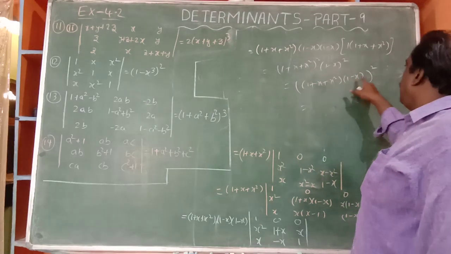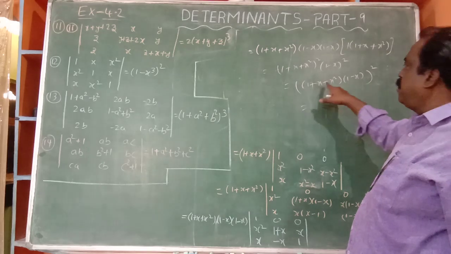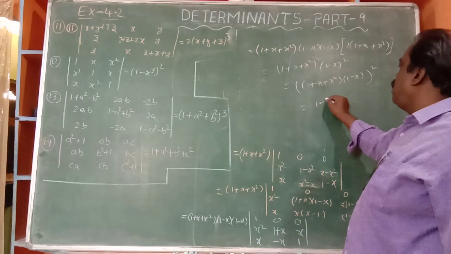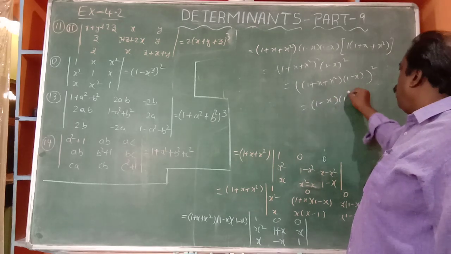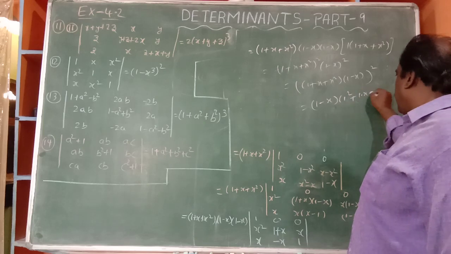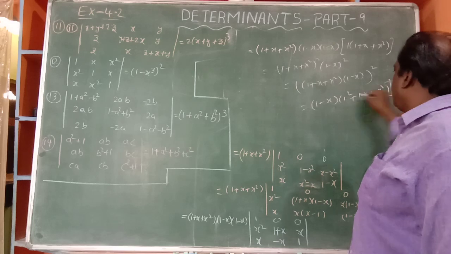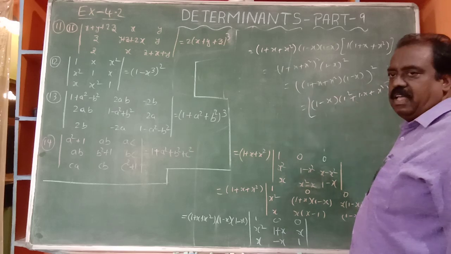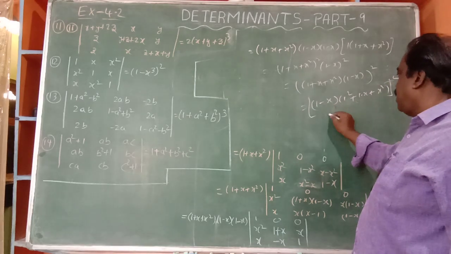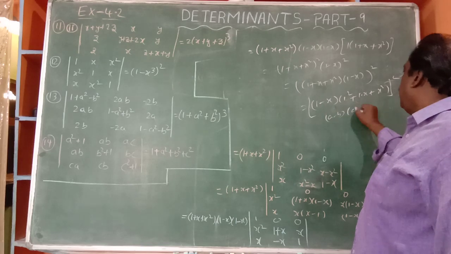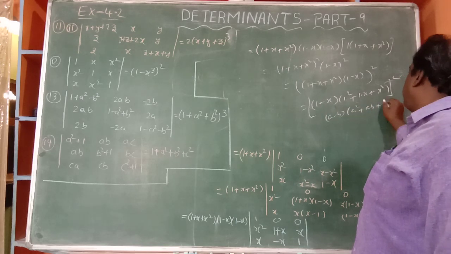Okay, now a minus b of a square plus ab plus b square.